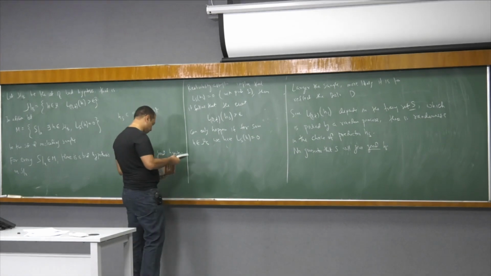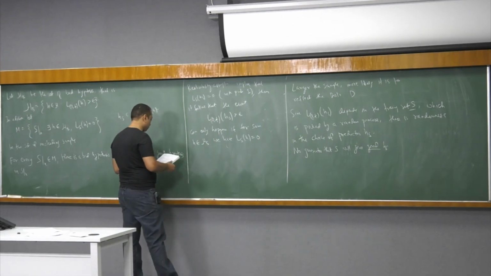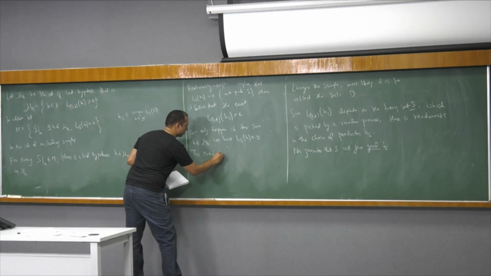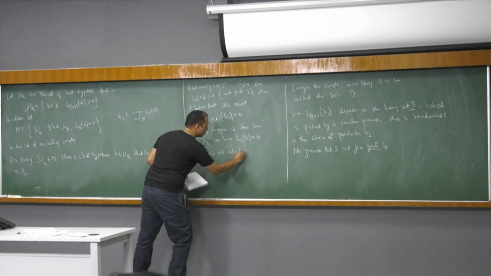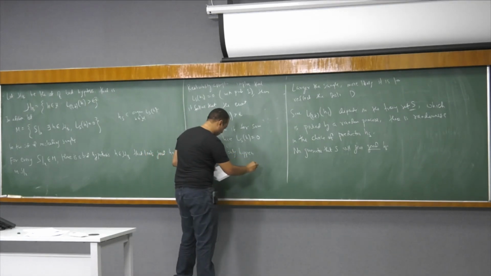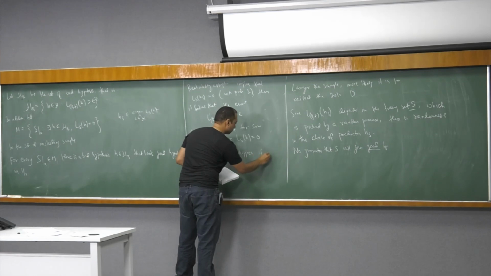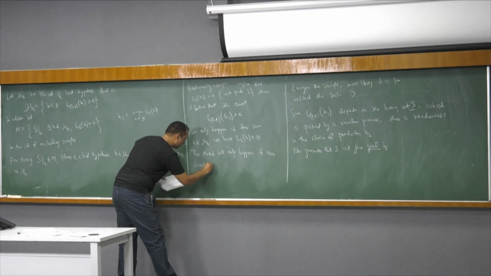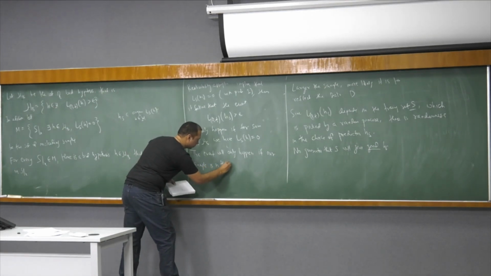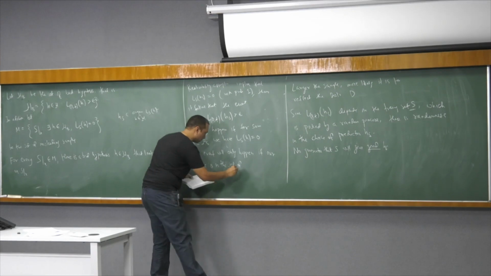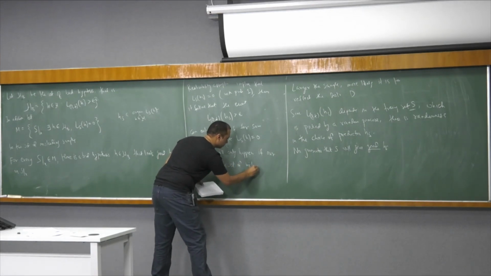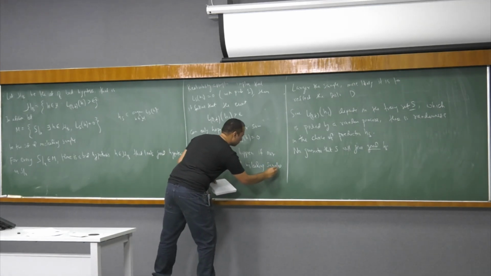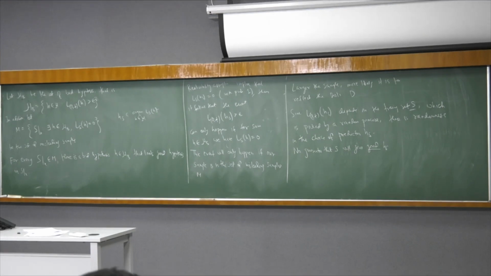So this event will only happen if our sample is in the set of misleading samples M. All these are tied, right?